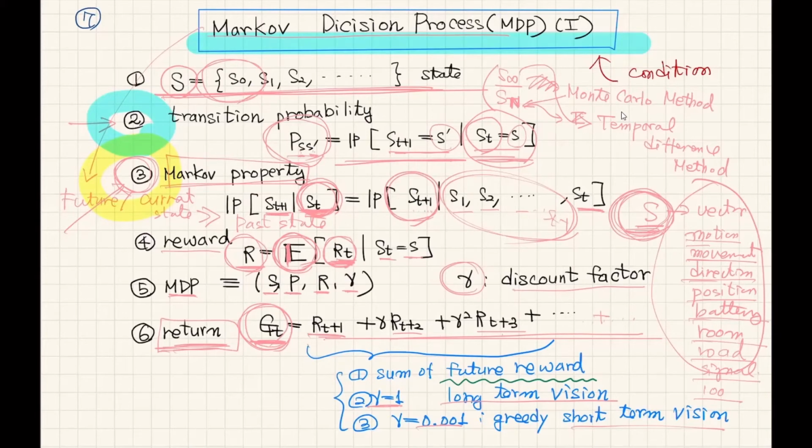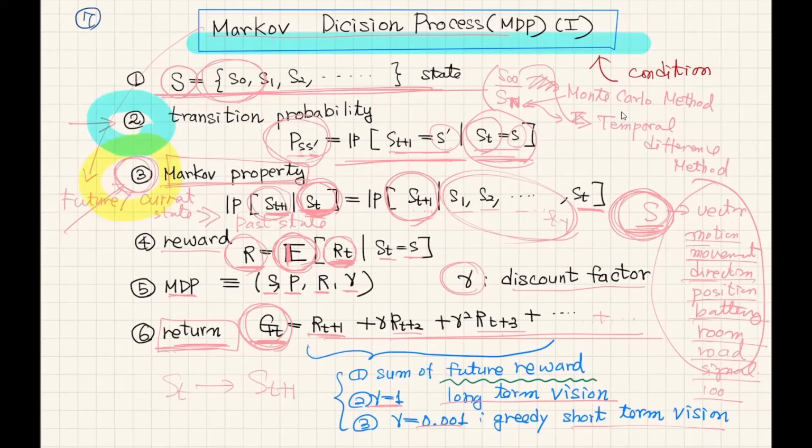So in order to apply reinforcement learning, you have to be able to make a good design of the state vector. And then you have to check whether the state vector has this Markov decision property, where the probability of the next state, St, will have a transition to St plus 1 sequentially.